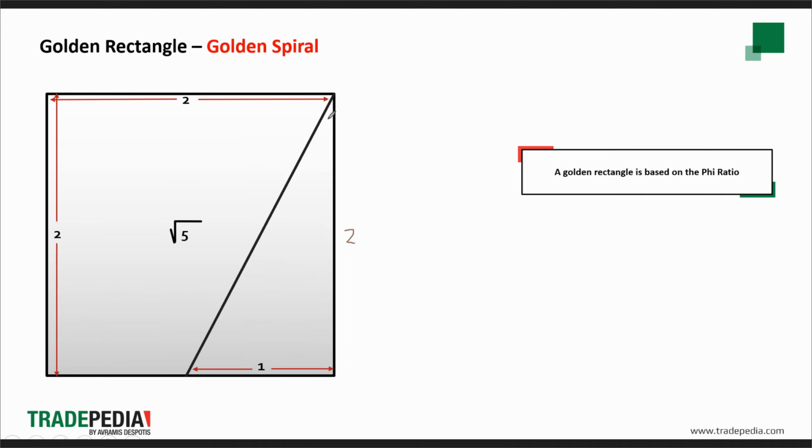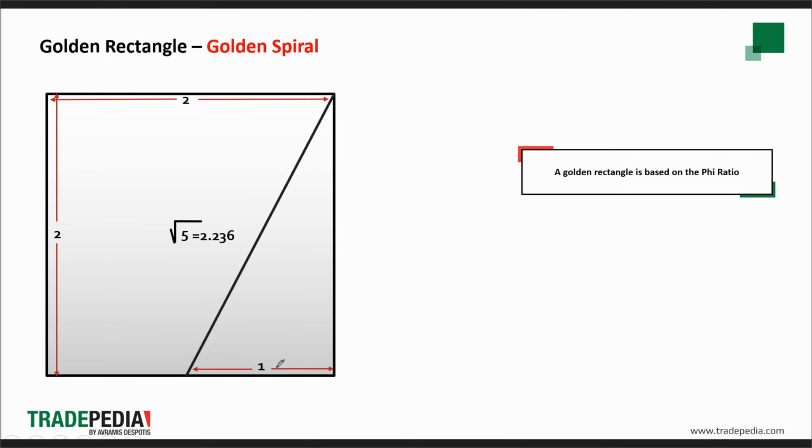A squared plus B squared equals C squared. That's the Pythagoras theorem. So the length of this diagonal is square root 5. What is square root 5? If you round it up, it's 2.236. That is the length of this diagonal. So what I'm going to do is take this diagonal line and put it down.